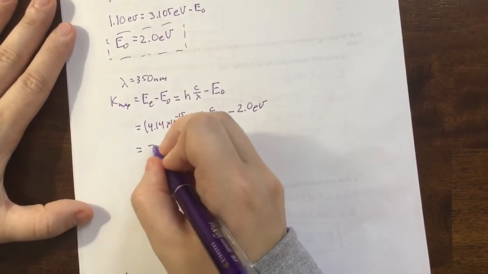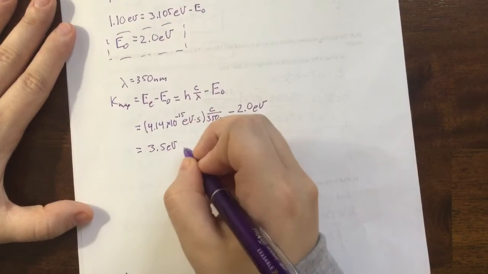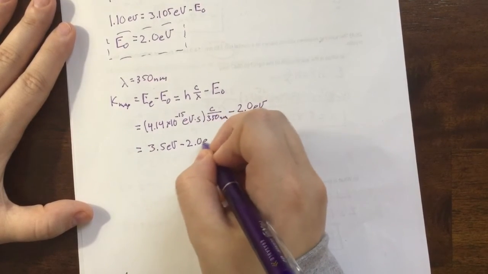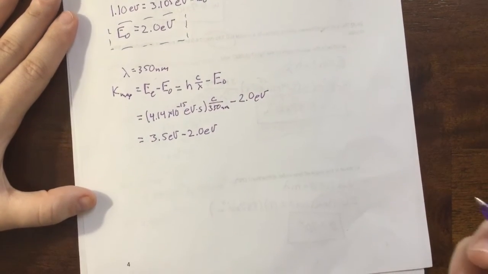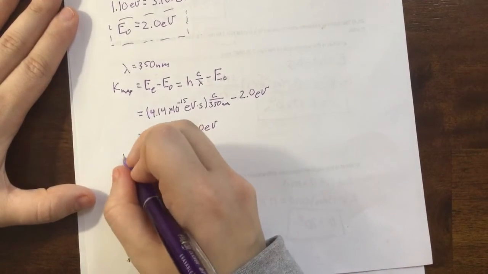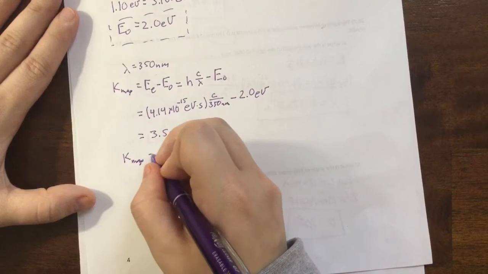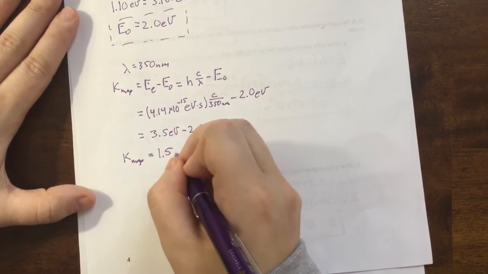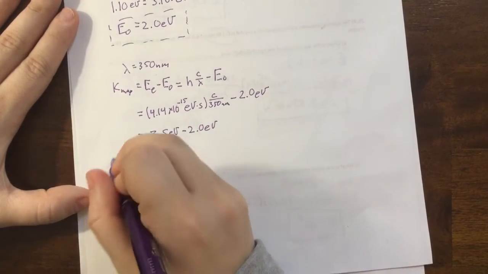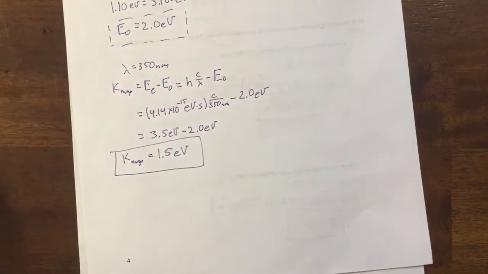It's going to give us 3.5 eV minus 2.0, and we're going to get a Kmax of 1.5 electron volts. So the lesson to take from this is that the work function does not change. It's constant for a given metal.